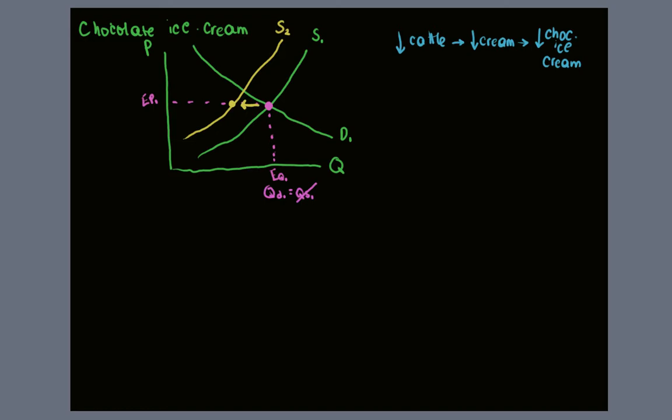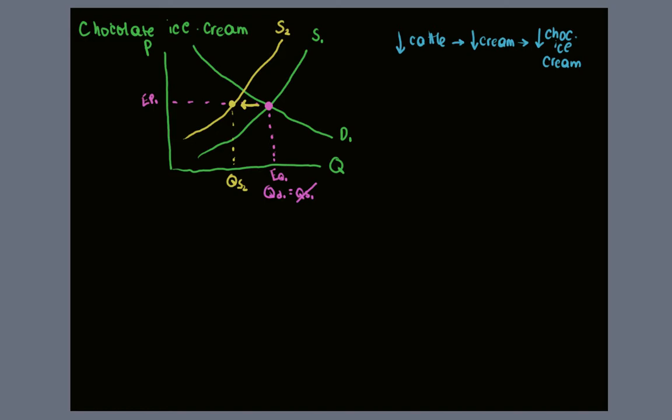So this is the new quantity supplied. So we still have the old quantity demanded at that original point, and we have the new quantity supplied. So at this moment in time, when supply initially decreases, quantity demanded exceeds the quantity supplied.